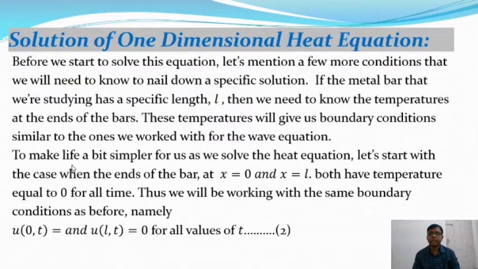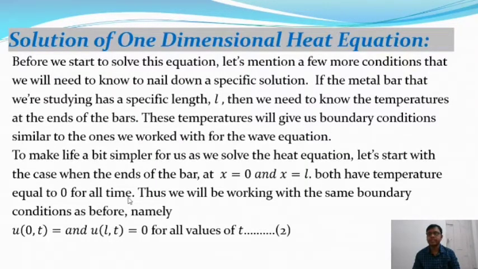So to make life a bit simpler for us, we solve the heat equation. Let's start with the case when the end points of the bar, x is equal to 0 and x is equal to L, both have temperature equal to 0 for all time.